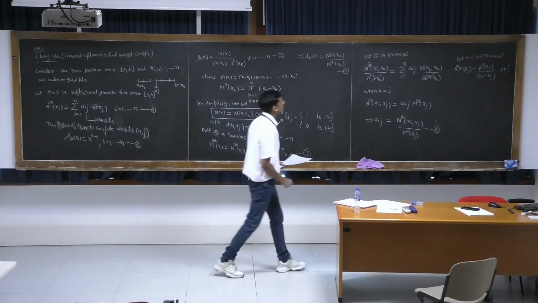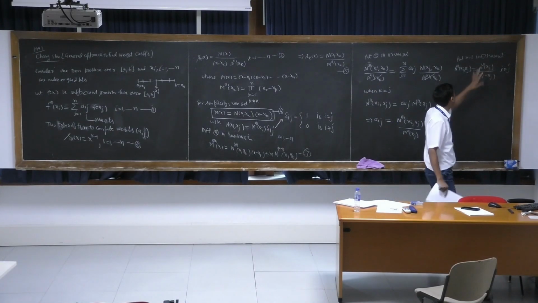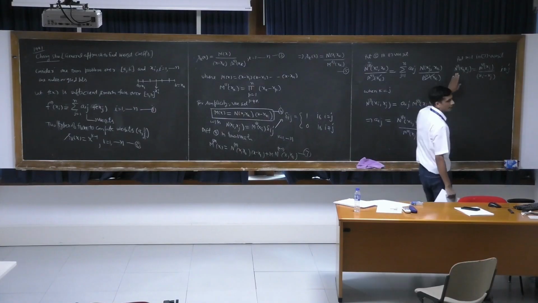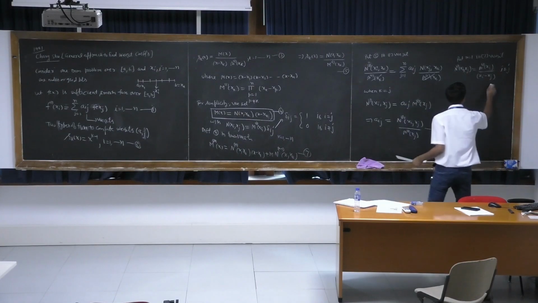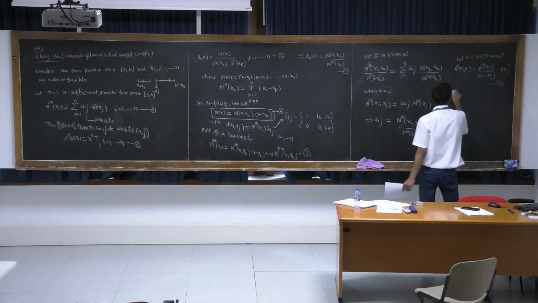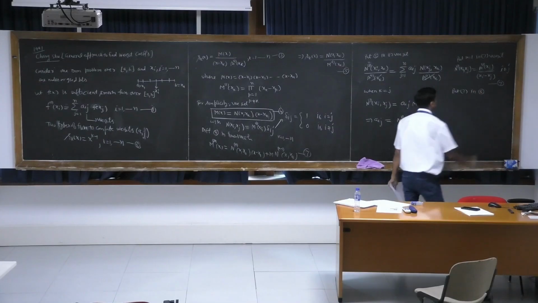Otherwise this becomes 0 and this becomes infinite. So this is the value of N1. Now put 7 in 6.